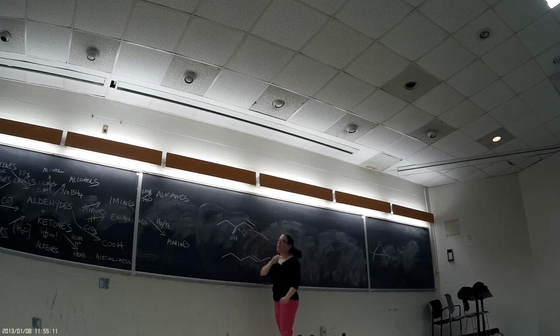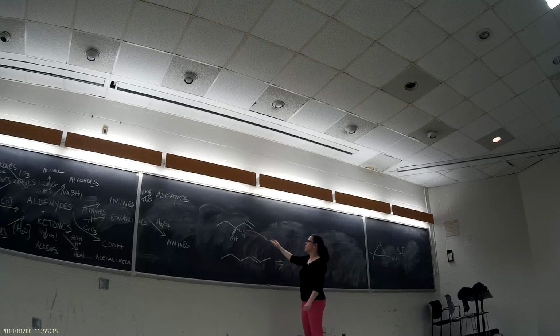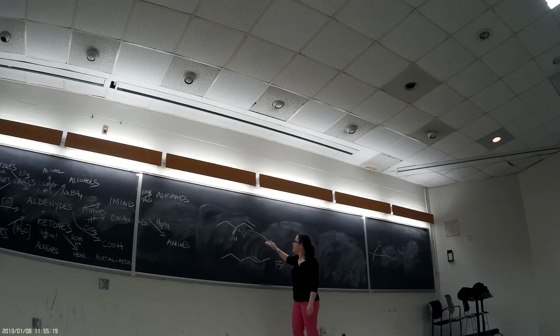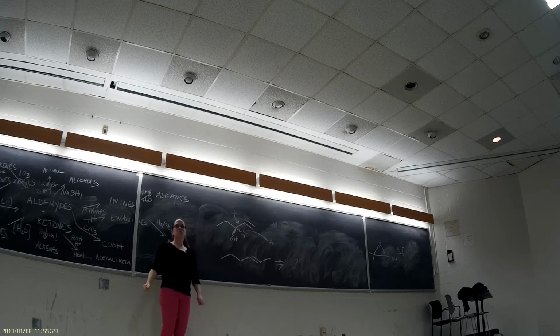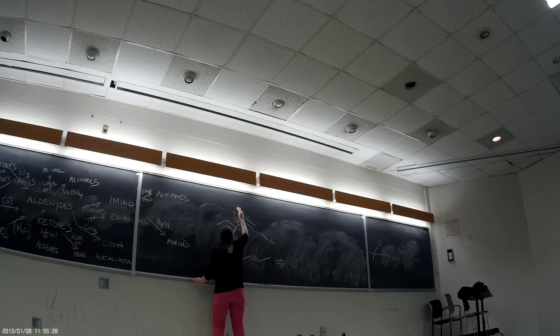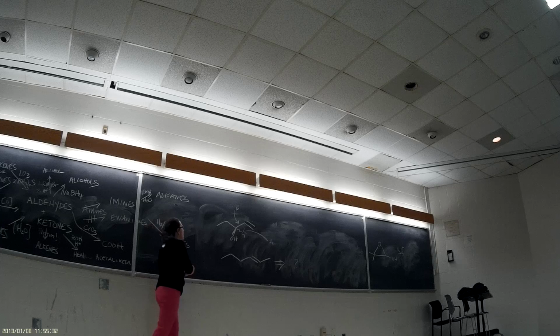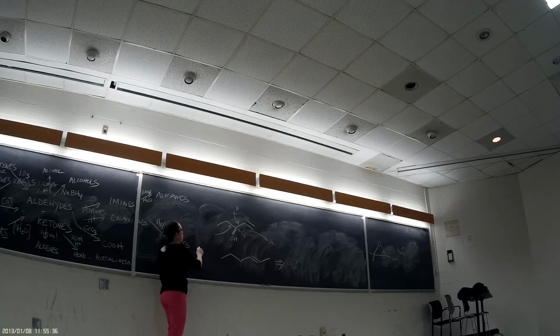So this could have been my new bond. In this case, I would have used a methyl Grignard, okay? We call that path A. This could have been my new bond, we call that path B. That would have been a Grignard that's off of the alkene. And this could have been my new bond, we call that path C.